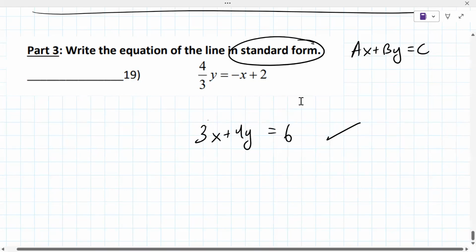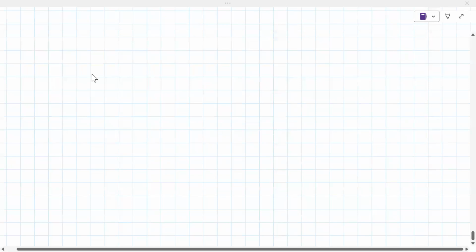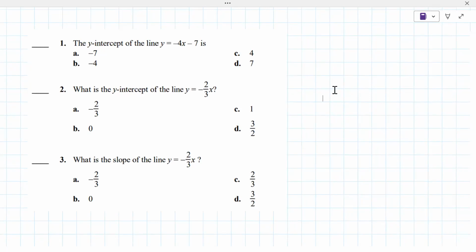Really good. Okay. Let me give you three quick questions here, and we'll just stop a little early. These are multiple choice, quick stuff. You can just read off the answer for each one. Negative 7 for 1.